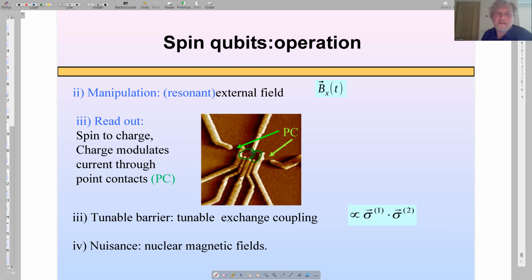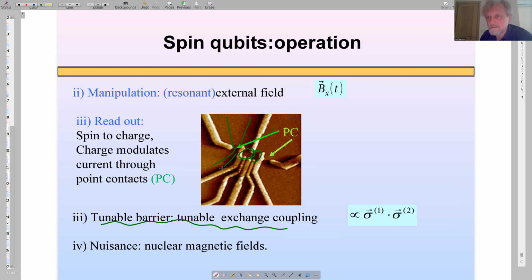And again, the resonant manipulation in combination with tunable barrier and in combination with readout of spin, which, to give a detail, has been transferred to charge.